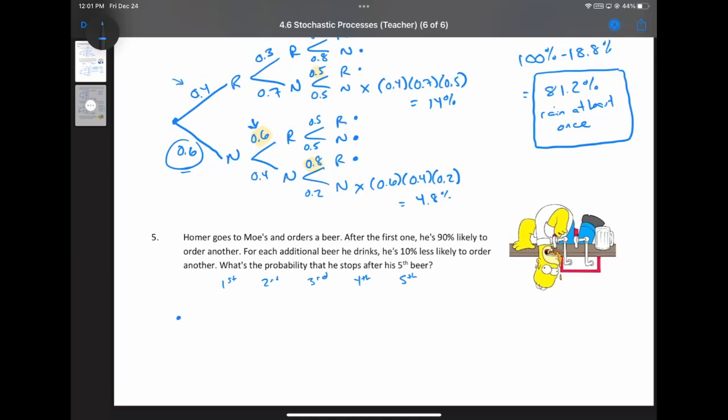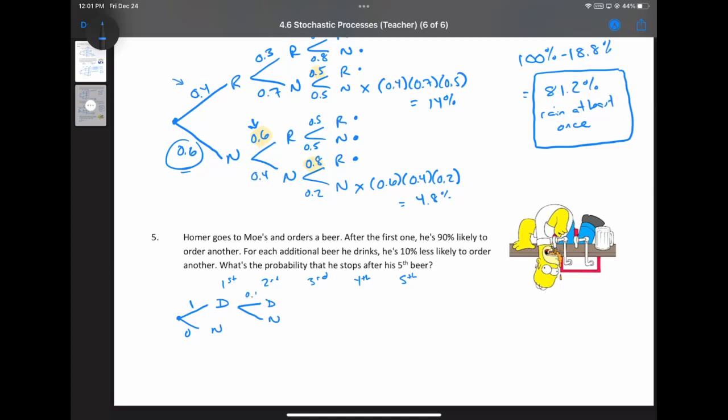He could drink a beer or not drink a beer. Now, in this case, I can put this down as drink or not drink. However, really, if you read carefully, I don't need to put that end branch because it says Homer goes into Moe's and orders a beer, which means this is a 100% chance and that's a 0% chance. He definitely does it, meaning we don't actually need the second row of the N. Now, probability he drinks a beer, he's either going to drink a beer or not.